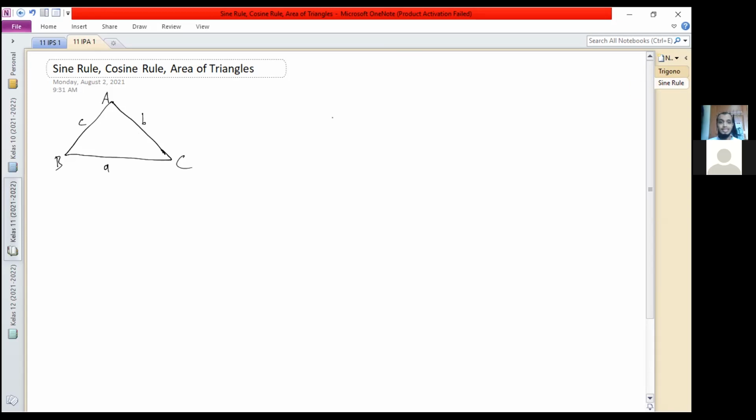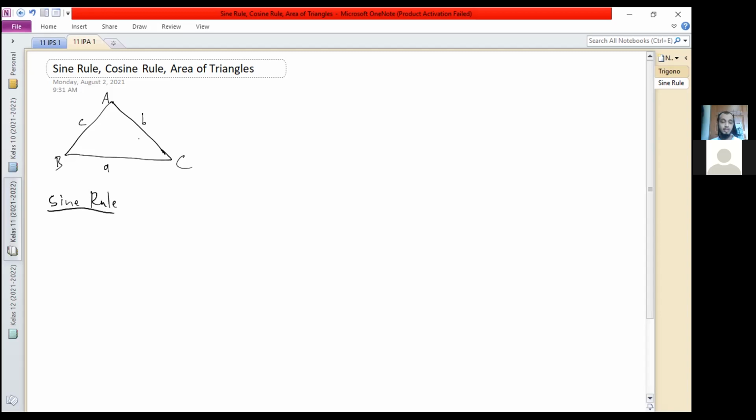If you have a right triangle, then you have the trigonometric ratio, so sine equals opposite divided by hypotenuse and so on. But that is only for a right triangle. These three formulas are applicable for any triangle. The first one is the sine rule, and the sine rule is pretty simple.